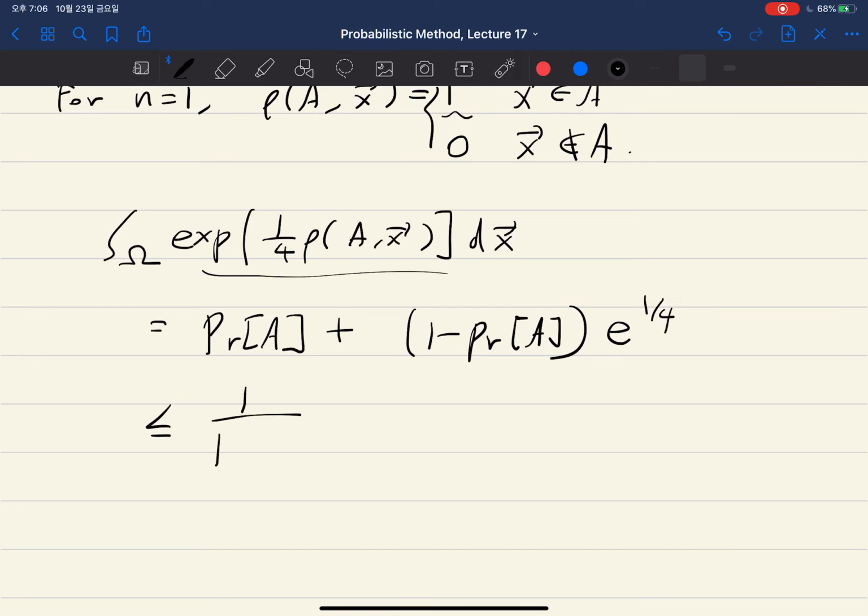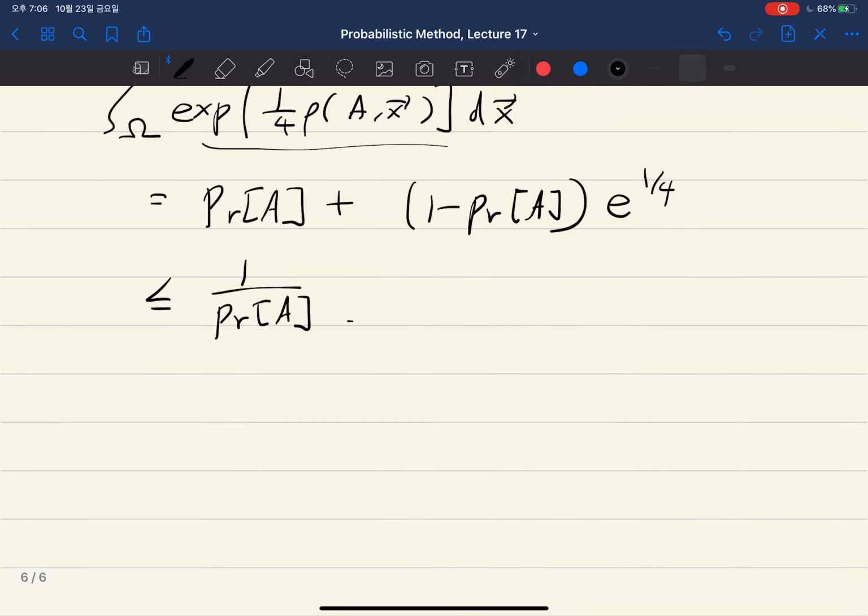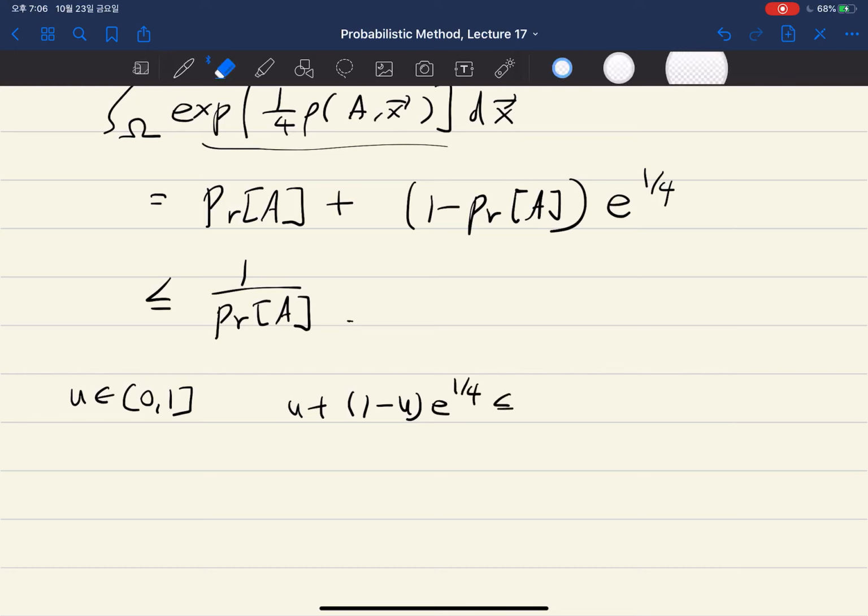Then we can actually check that this is at most 1 over probability of A. Because for u between, say, 0 and 1, positive number u, we can actually check this inequality. So we can check that this holds for the base case.